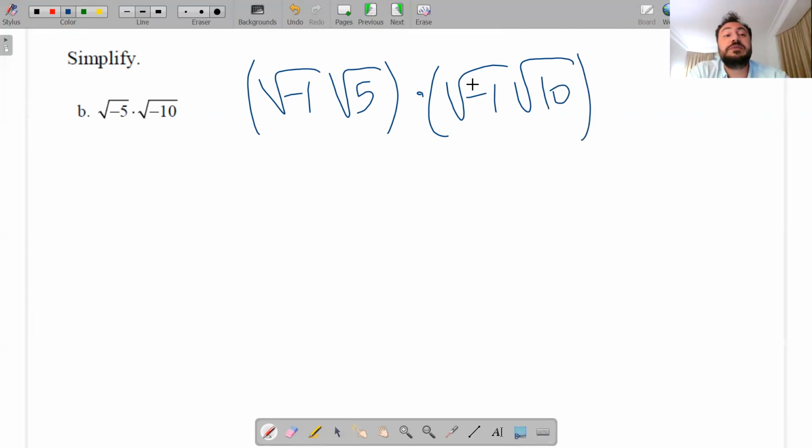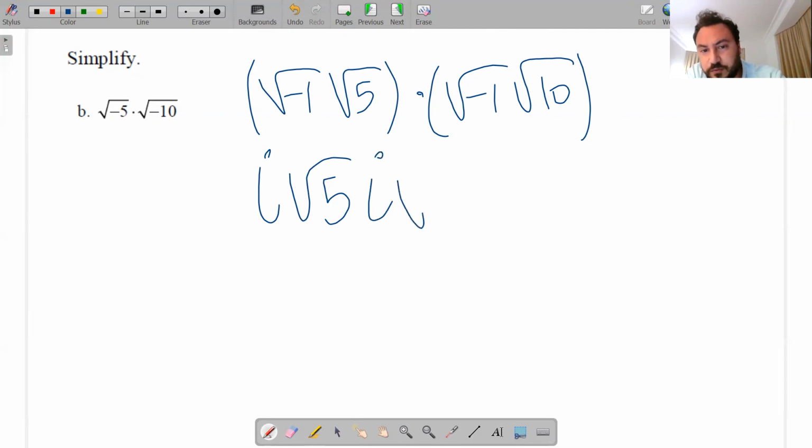Square root of -1, we know, can be substituted with i. So now what we have is i square root of 5, multiplied by i square root of 10. i times i is equal to i to the power of 2.